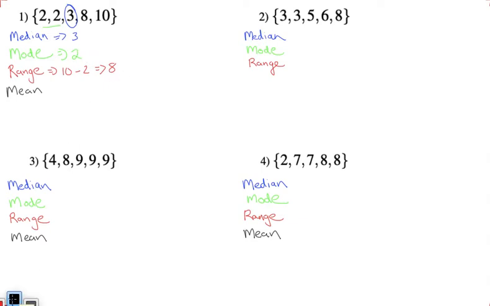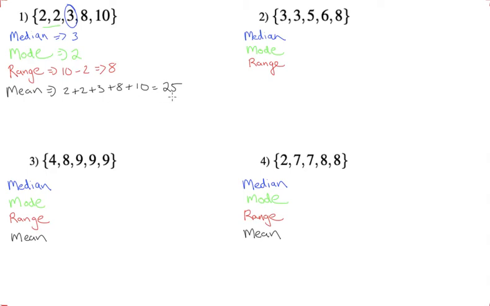And finally, we're going to do the mean. Again, for the mean, we have to do a calculation. For the first 2, we didn't really have to do any calculations. The third one, we had to do a small one, and this one here, a little bit more. The first thing we do for the mean is add all the numbers together. Now, when we add these together, 2 plus 2 is 4, plus 3 is 7, 7 plus 8 is 15, 15 plus 10 is 25.